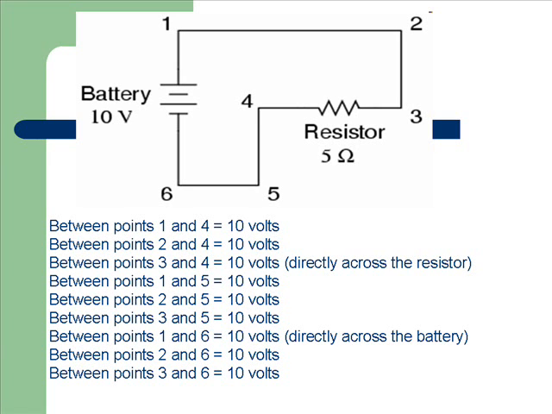The voltage between points 1 and 6 is 10 volts, coming straight from the battery. However, since points 5 and 4 are common to 6, and points 2 and 3 common to 1, that same 10 volts also exists between these other pairs of points.